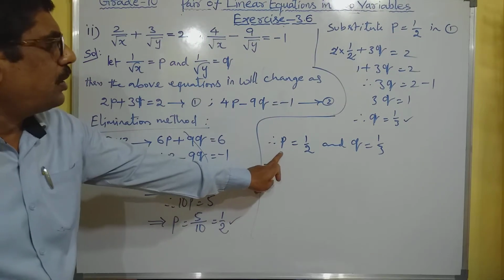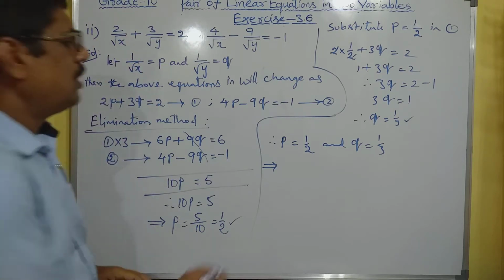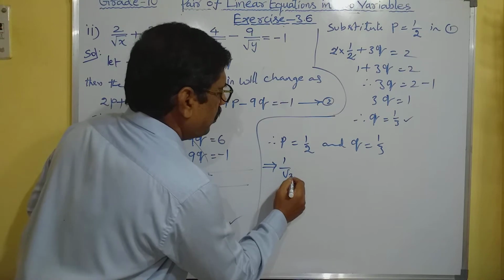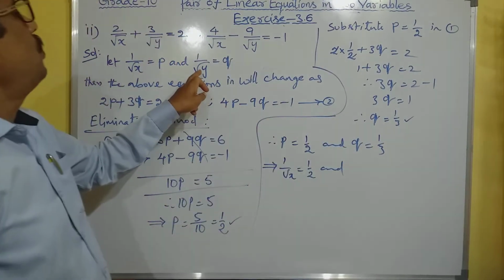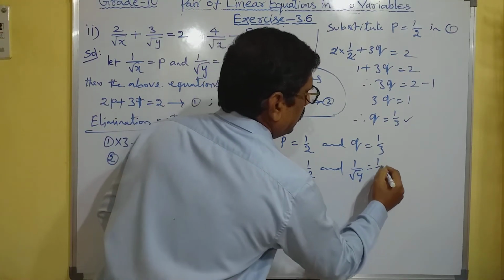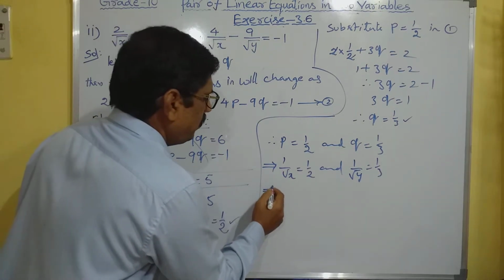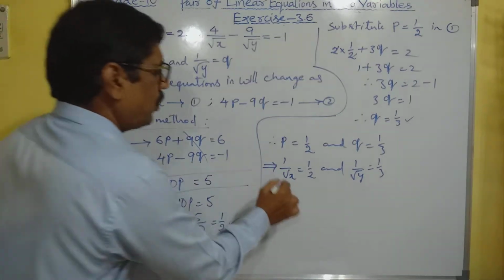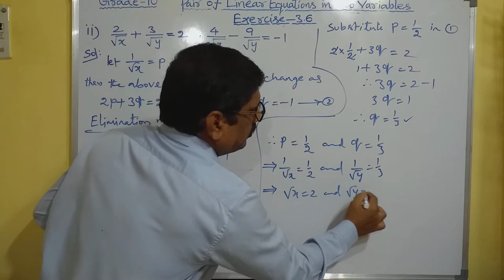Now you look at this. What is p? Actually p is 1 by root x. 1 by root x we have considered as p, which is 1 by 2, and q we have considered as 1 by root y. Now, see, if you take the reciprocal of both LHS and RHS, root x is equal to 2 and root y is equal to 3.